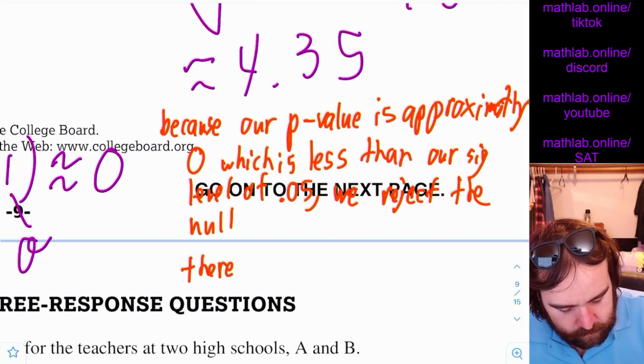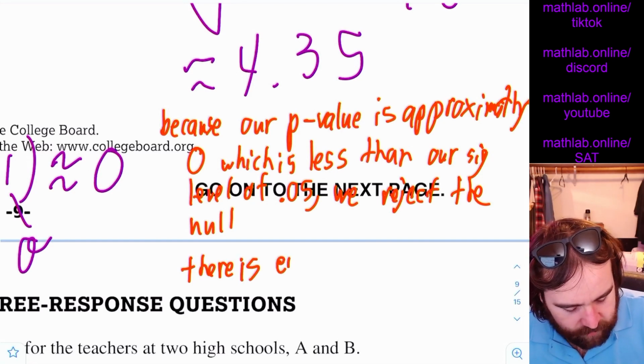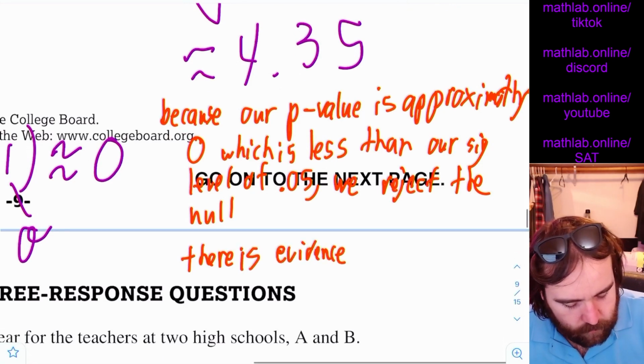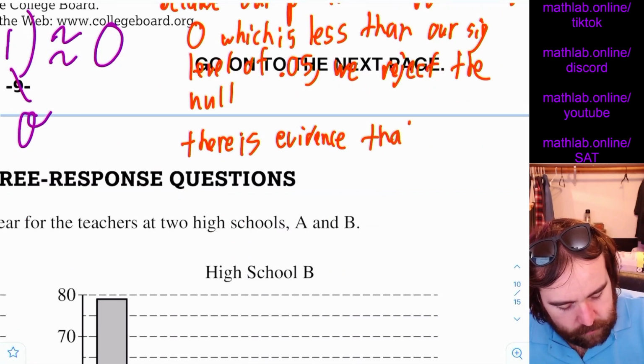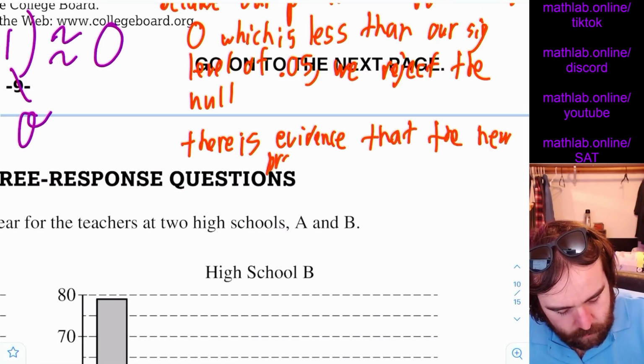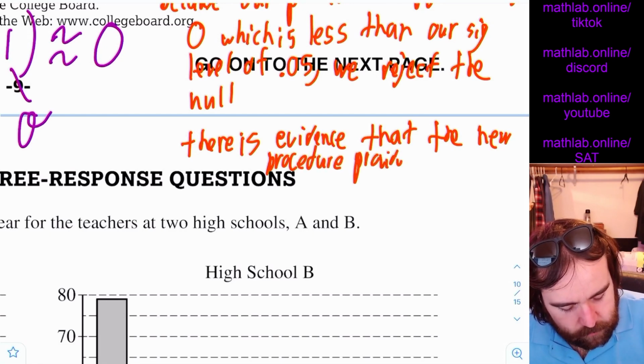There is evidence that the new procedure provides quicker recovery times.